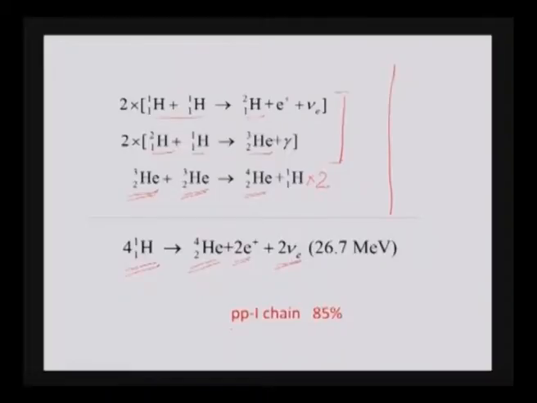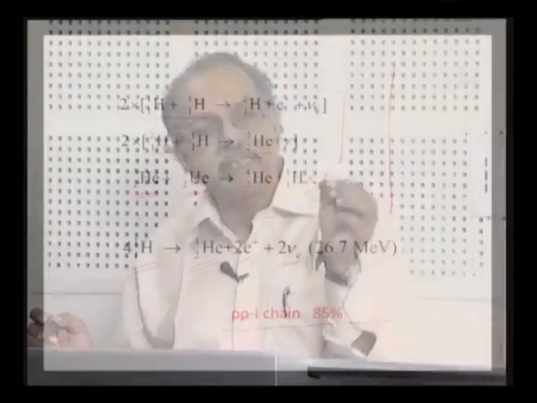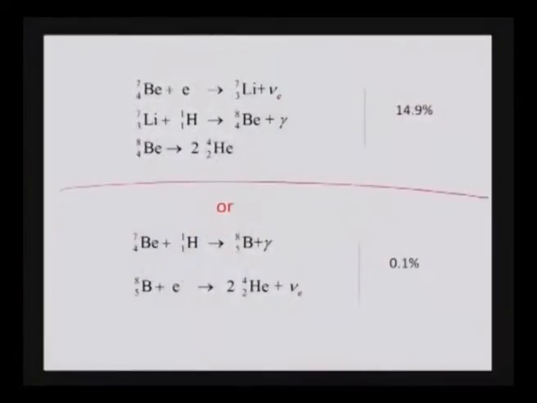So, this is known as the PP1 chain. And if this 3He nucleus combines with a 4He nucleus, that is another 15%, then what happens? Again you have 2 different possibilities. One possibility is this 7Be.